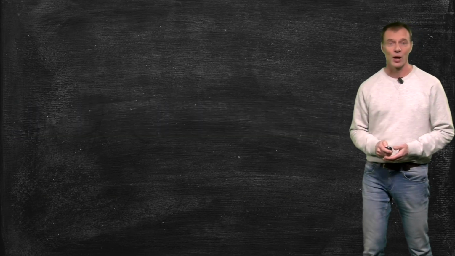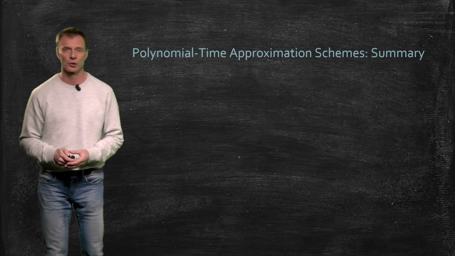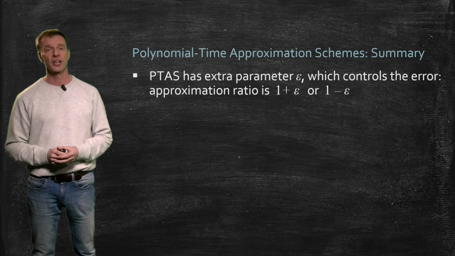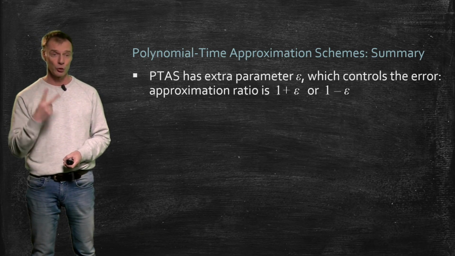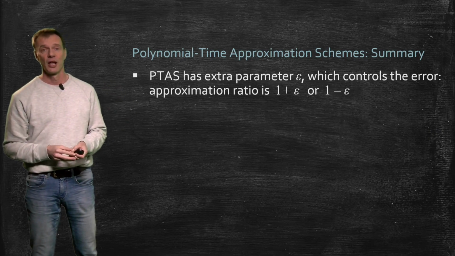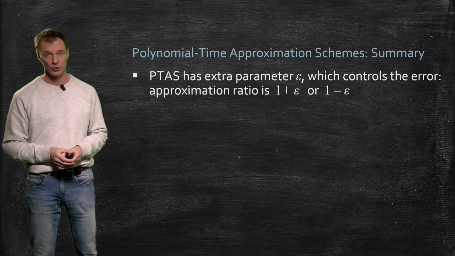So now let's see the summary of what we did that I promised you. First of all, in this whole series of lessons, what we saw was, a PTAS is an algorithm with two parameters. First of all, the problem instance. Secondly, a parameter epsilon that determines the approximation ratio.